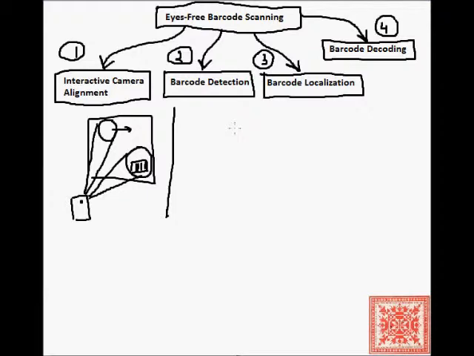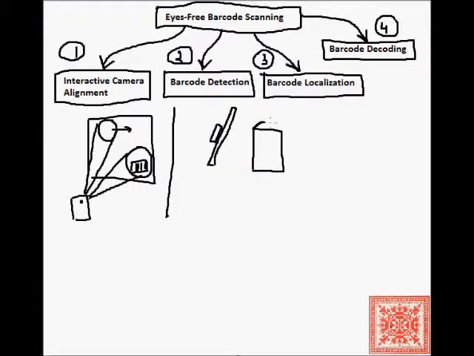So to illustrate how the system works, let's consider a typical case of how the system is operating. Let's say that we have a visually impaired shopper who wants to scan the UPC barcode on a product. The very first step is to place the phone on the product such that the camera faces the product and aligns with it.